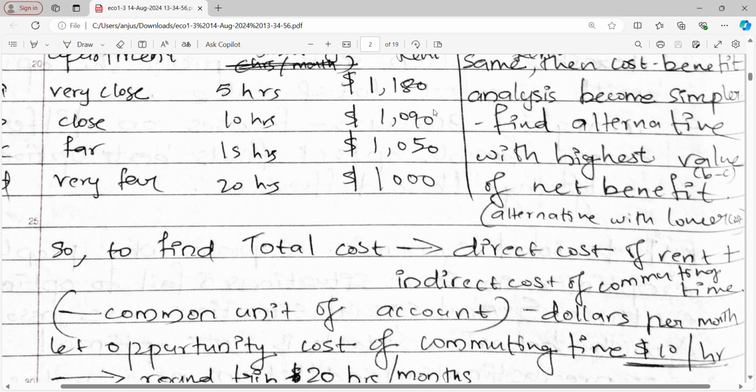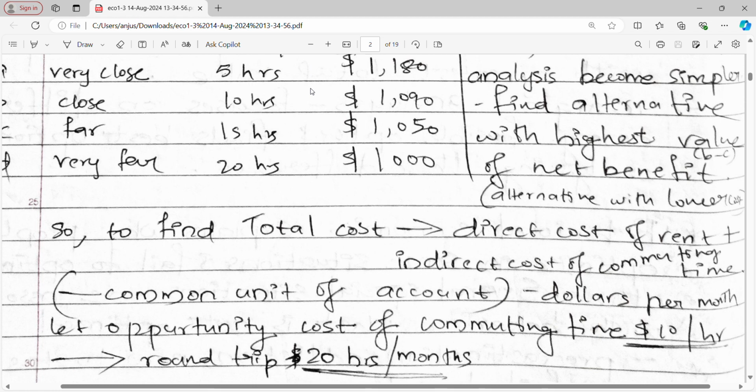So for the indirect cost of commuting time, we are charging it at $10 per hour, because if you invest this commuting time in other income-generating activities, you may get $10 per hour. For a round trip it will be 20 hours, morning you go, evening you come.